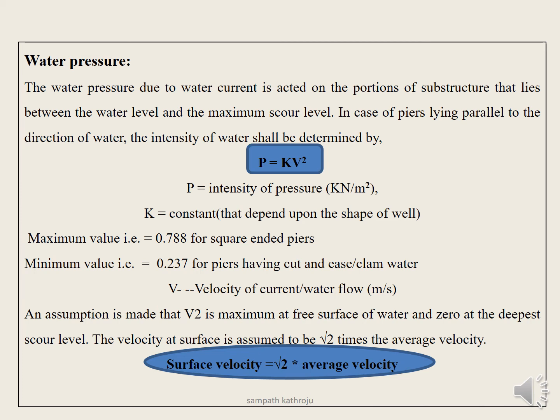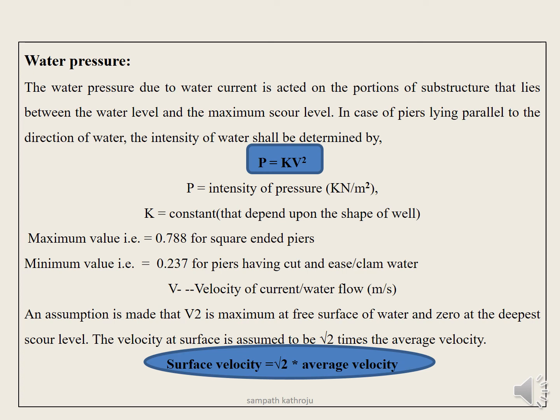P is the intensity of pressure in kilonewton per meter square. K is the constant. Maximum value is 0.788 for square piers. Minimum value is 0.237, where calm water is expected, and V is the velocity of the current, the water flow in meter per second.